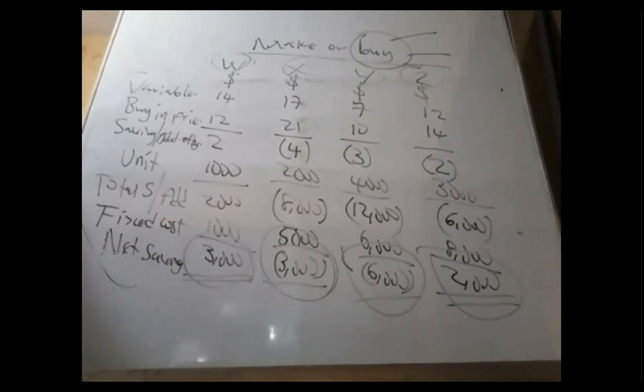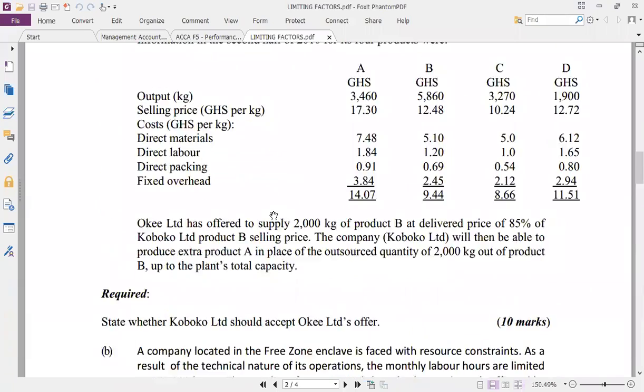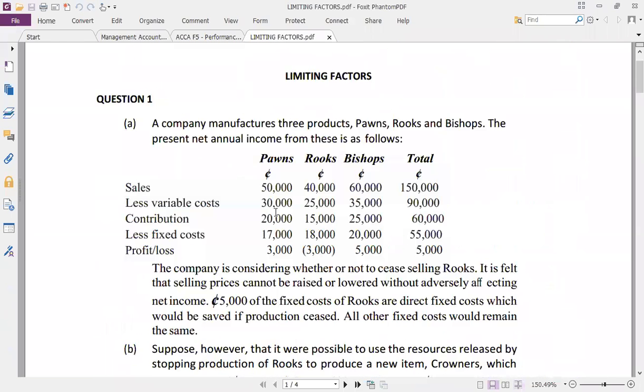So let's pick our first questions on the shutdown decisions. Okay, great. So let's try this question.